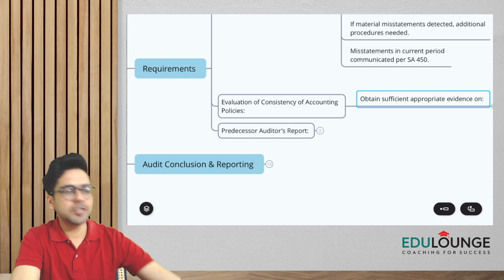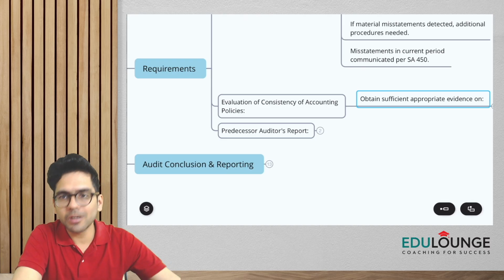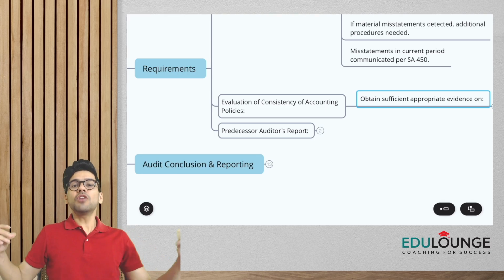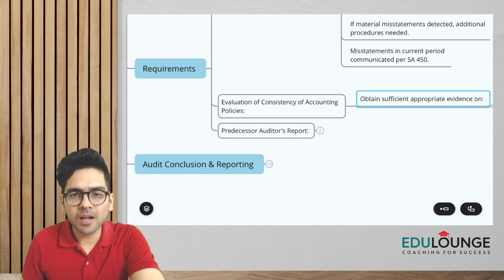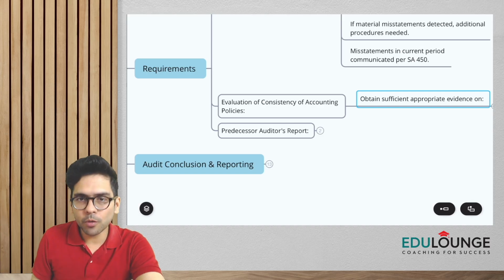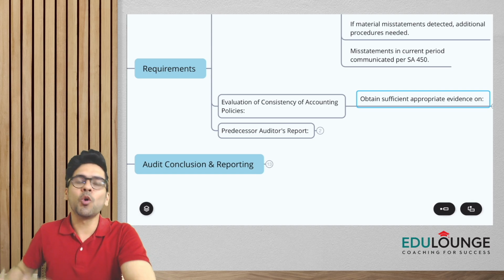So let's say they mentioned that the company is valuing the stock at the LIFO method, which is not in accordance with the accounting standards. Will you not immediately see that aspect in the current year also? Oh, this year also, is the company maintaining the stock on a LIFO basis? If yes, what is it that you are going to do? You are the current auditor. Will you not modify the current year's opinion also?